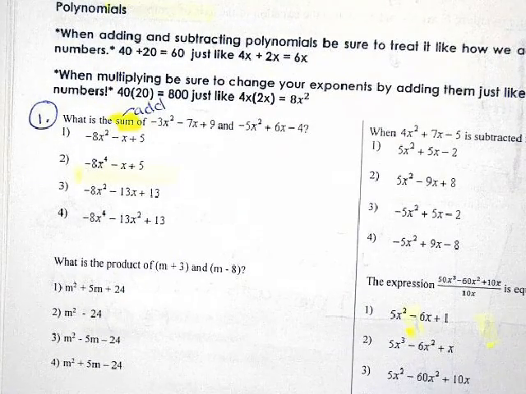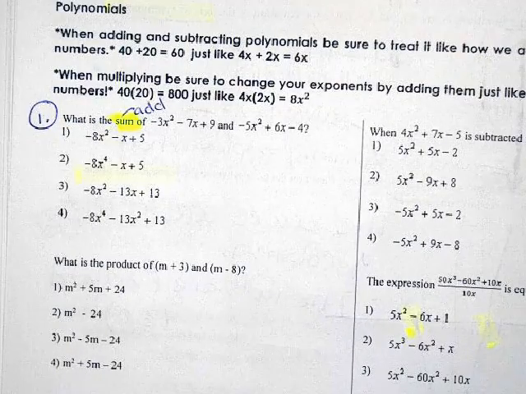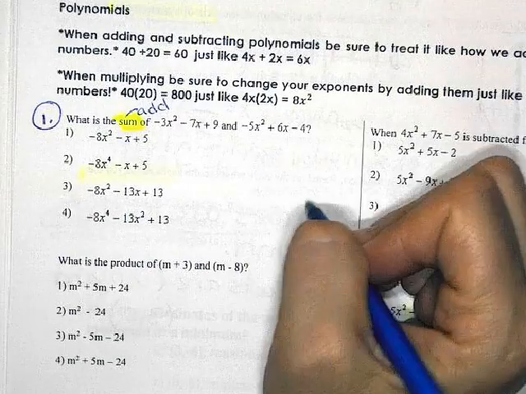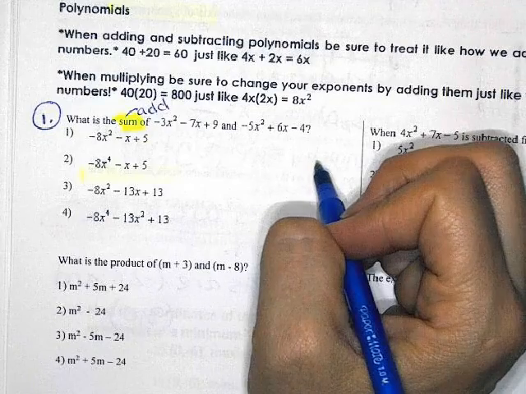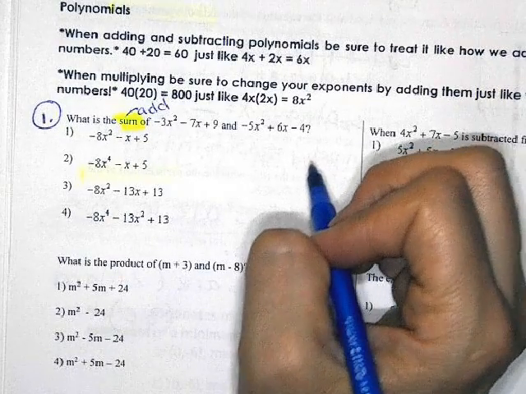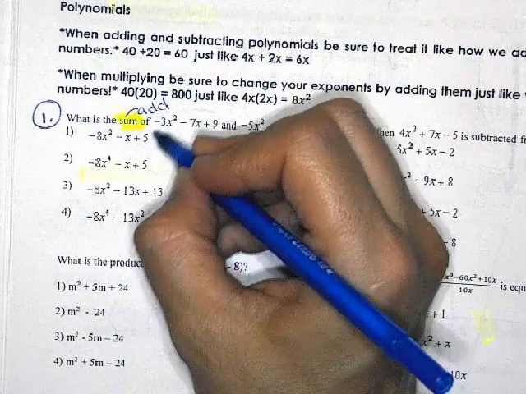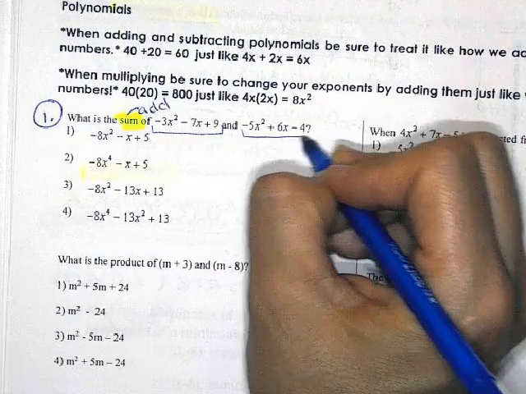And I'm going to add what? Negative 3x squared minus 7x plus 9 and negative 5x squared plus 6x minus 4. But which pieces will I add? This is my first polynomial, this is my second polynomial.